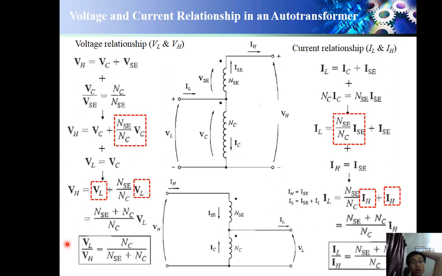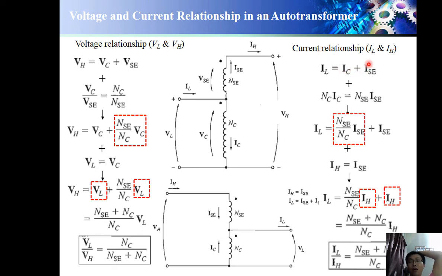I have this equation where VL divided by VH is actually NC divided by the summation of these two. Or VL divided by VH is actually the core winding divided by the summation of the windings. So this is the voltage relationship between V low and V high.